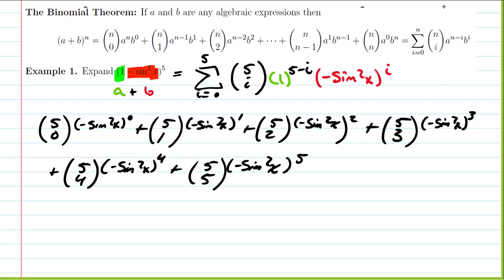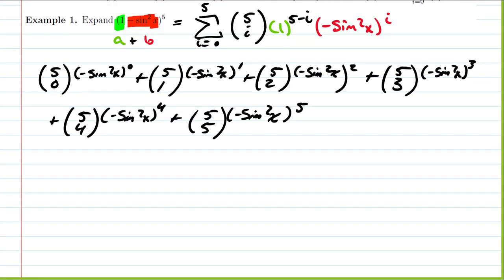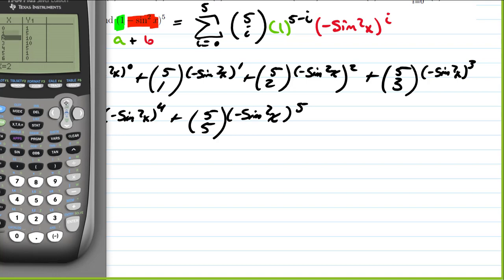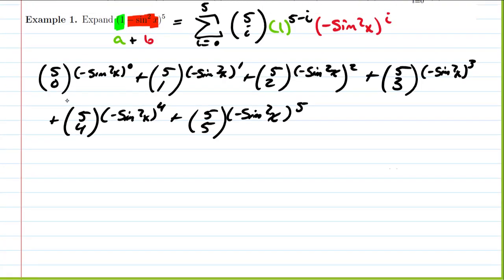So now we need to resolve each of these things, right? So we know from our calculator, if we go to 5 choose 0, what is that going to equal? 1. So we get 1, and then anything raised to the 0 power is also 1, so we get 1.